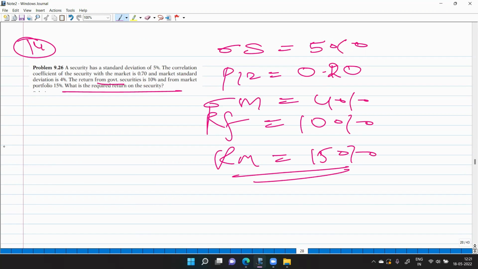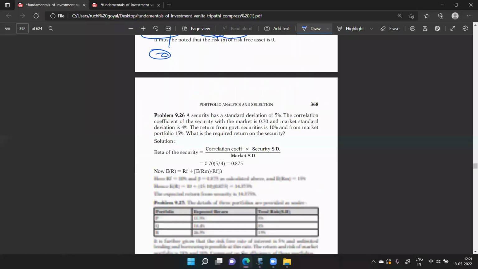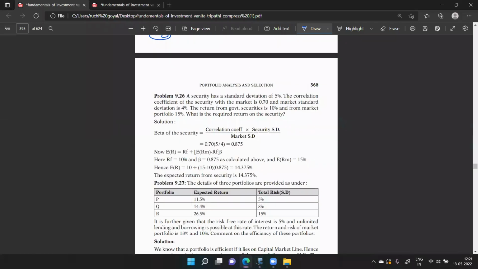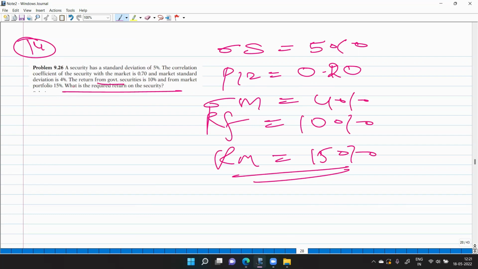How will you calculate this? Very easy, I guess. You will be finding the beta. Beta से आप क्या निकालोगे? Return. ठीक है, तो आपने beta निकाला. What is the required return of the security?